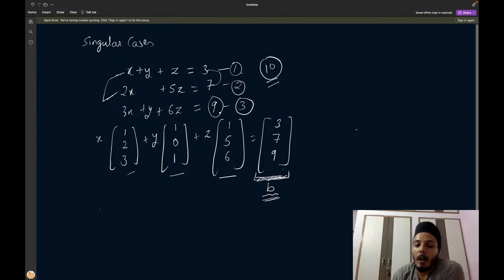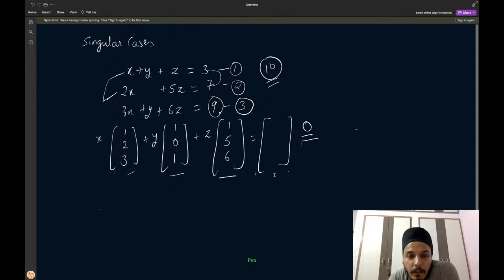So our question is, how do we know that three vectors are going to form a plane? The answer is that if some combination of these three vectors produces a zero vector, then we know that they will form a plane.